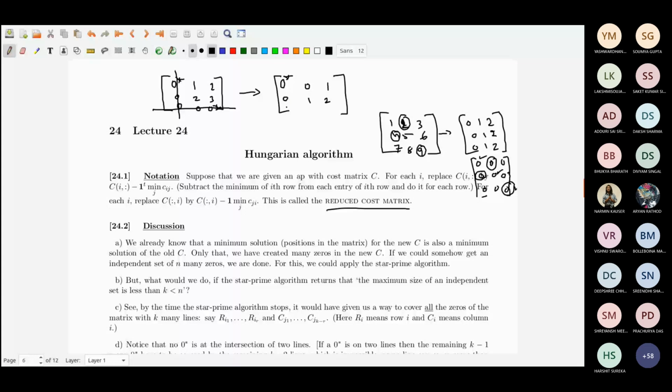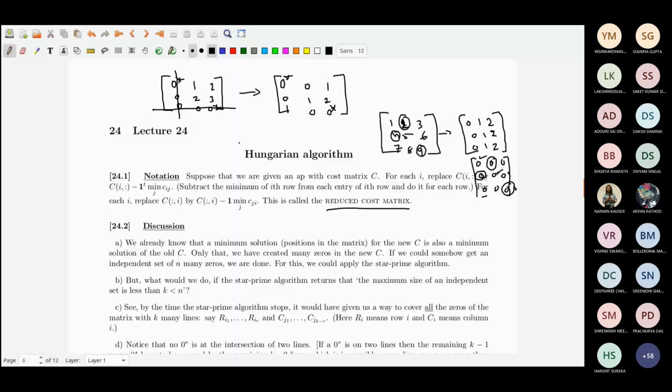Now what is that? The algorithm says this much only. I will tell why it is happening. Actually, you can figure out, if I tell you that this transformation happens by subtracting from the rows and columns some suitable numbers, then you can figure it out yourself.